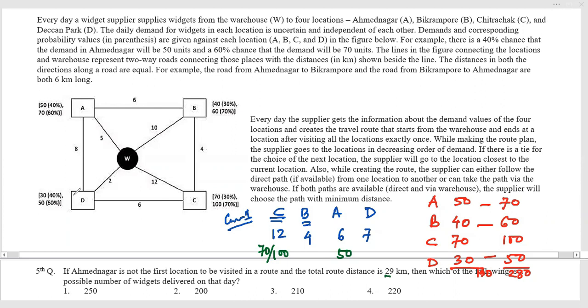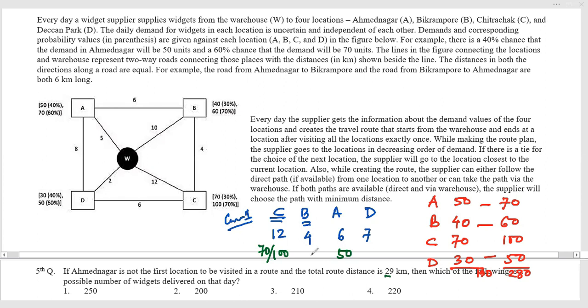If I want the next value to be higher, it can be 60, and that means the demand of B is 60 and the demand of D is 50. It is possible.